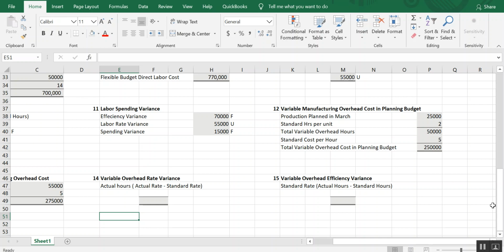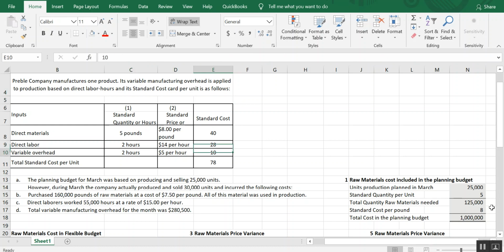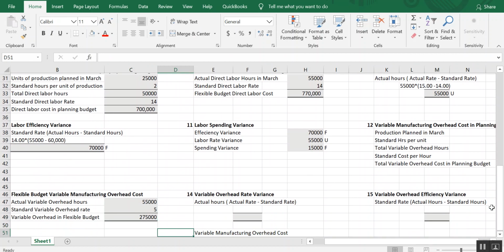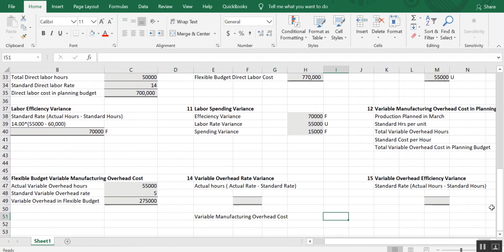Now for the next one, the variable overhead rate variance, we need to do an extra calculation. So the first thing we need to do is to look at the variable manufacturing overhead costs. They give us this down here. They give us 280,500. So the variable manufacturing overhead cost is going to be 280,500.